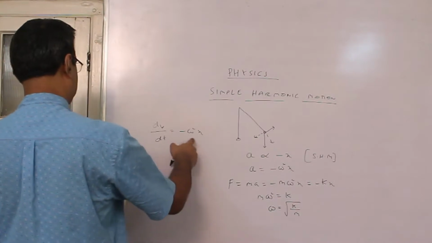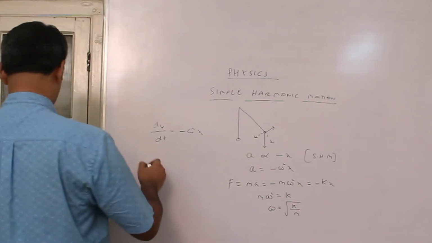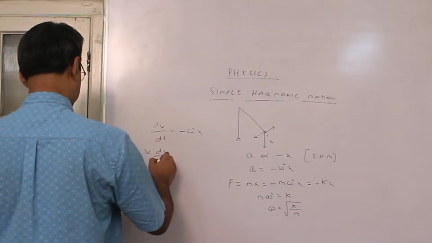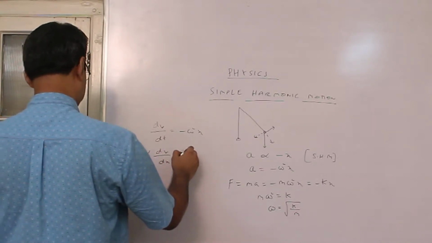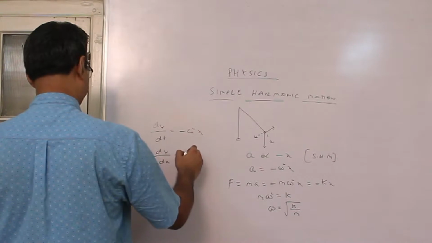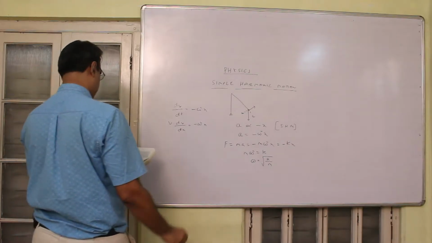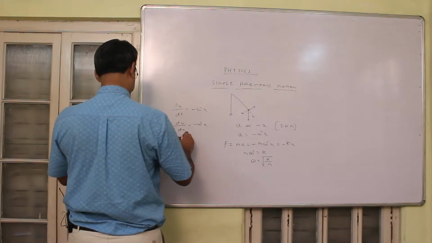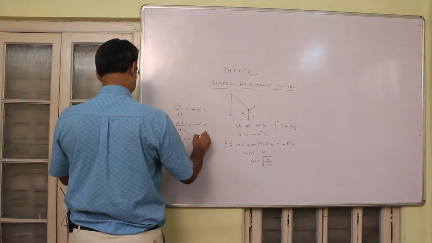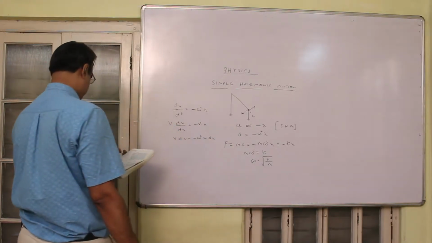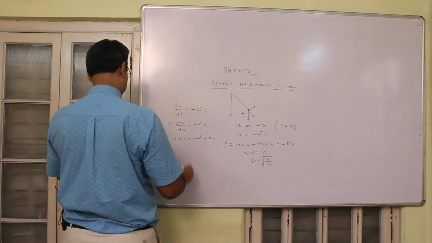So acceleration is minus omega square x. So we can say that v into dv by dx is equal to minus omega square x. So v dv is minus omega square x.